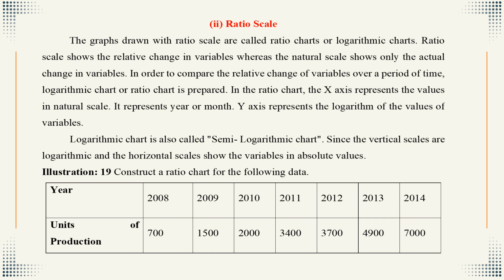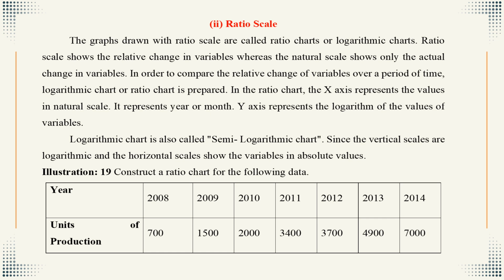In order to compare the relative change of variables over a period of time, a logarithmic chart or ratio chart is prepared. In the ratio chart, the x-axis represents the values in natural scale. It represents year or month. The y-axis represents the logarithm of the values of variables.